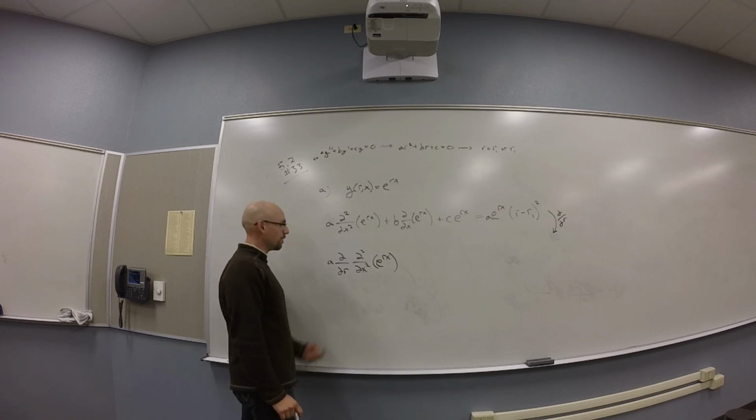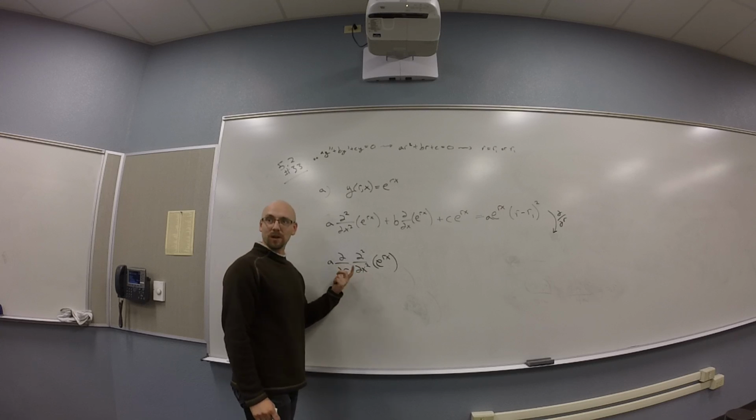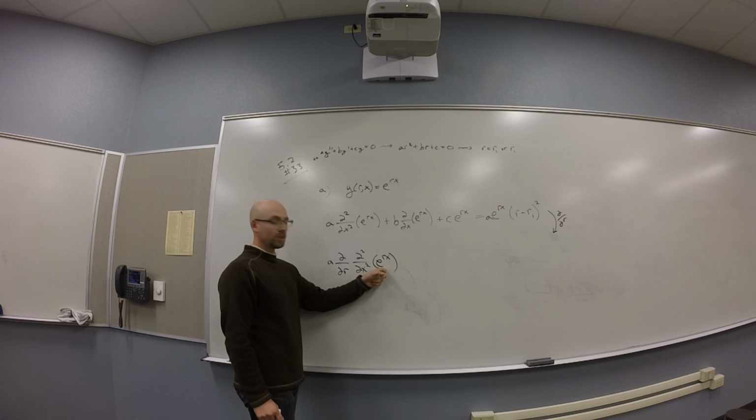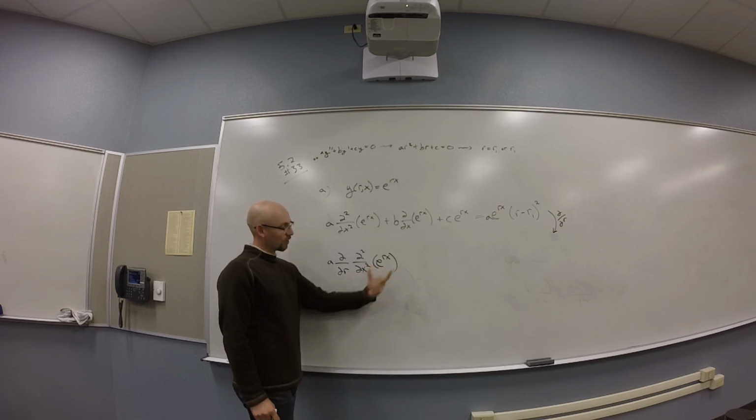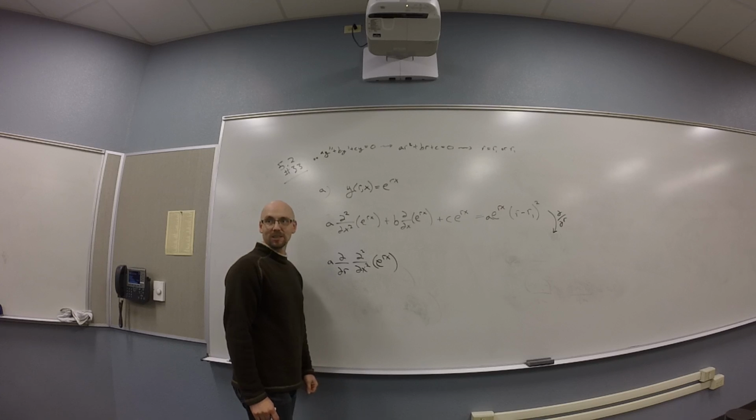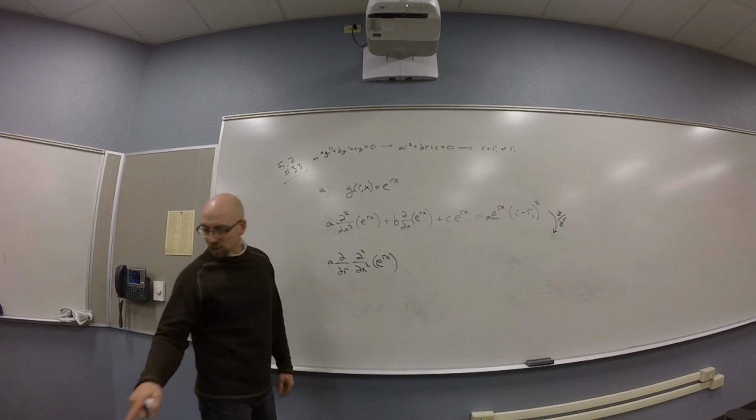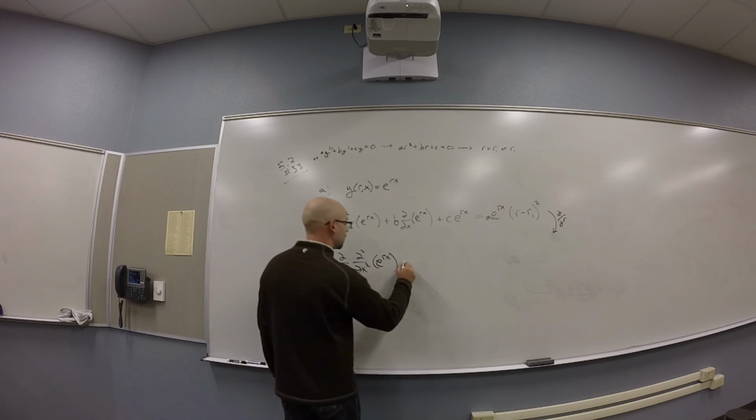Interchanging these would be assuming that Clairaut's theorem is true about this particular function. Do I feel like I have a good chance of Clairaut's being true for e to the rx? Yeah, I feel like I've got a pretty good chance of that happening. But let me just not assume. They didn't assume, right? They're just asking you to demonstrate.